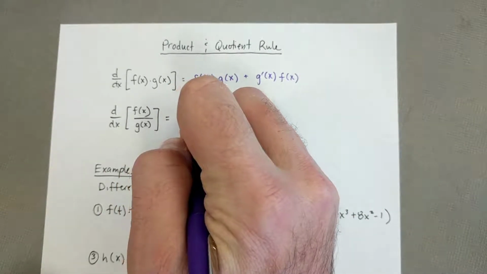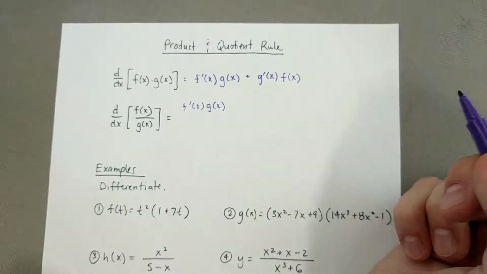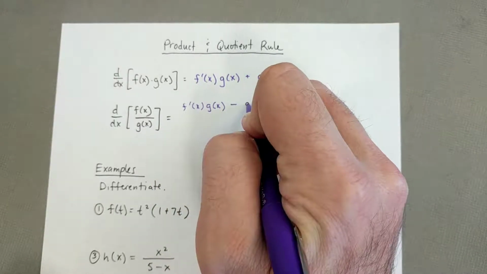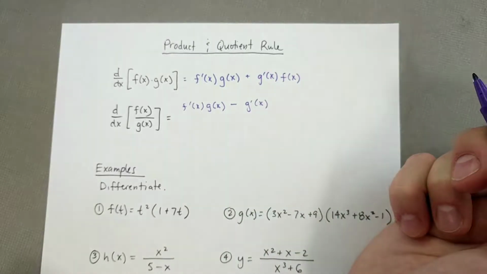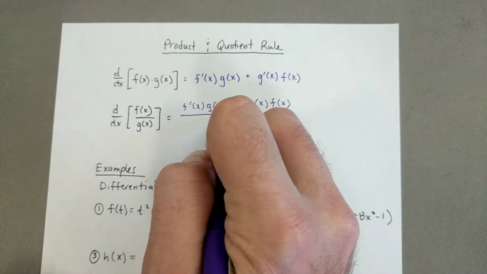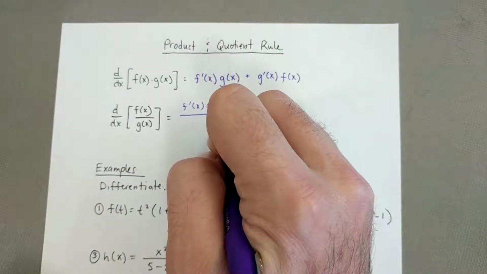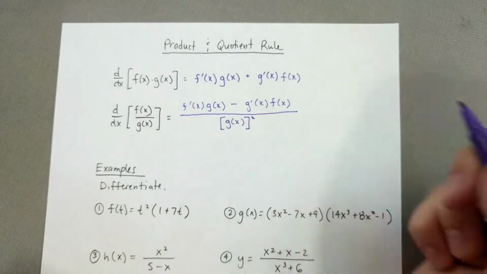So f prime times g subtracted by g prime times f, and it is all over the original denominator, g, quantity squared.